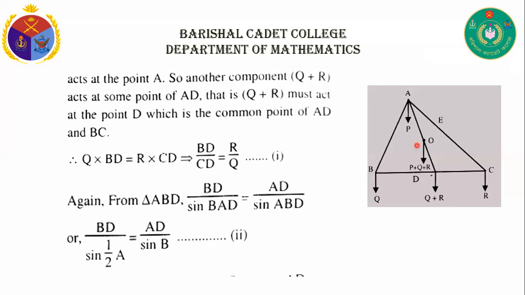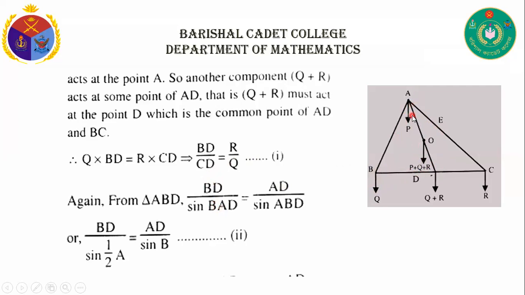Okay, there is a trick. For triangle ABD, we can write BD by sine of angle BAD, the opposite side, equal to AD divided by sine of angle ABD.